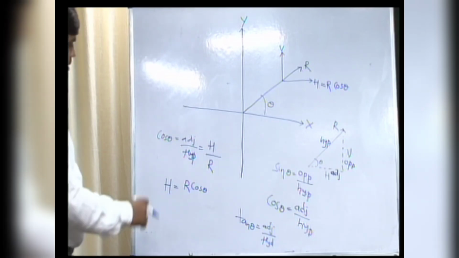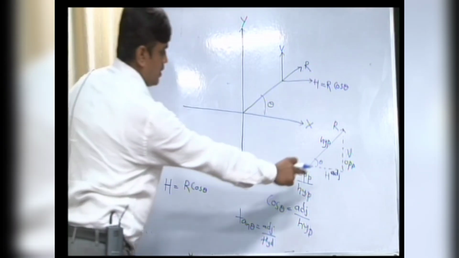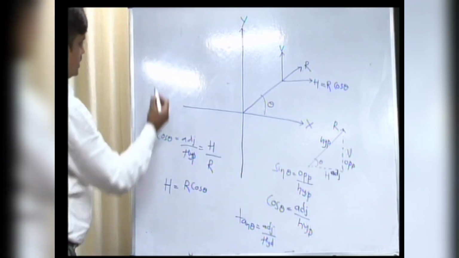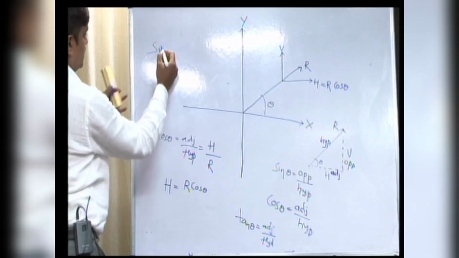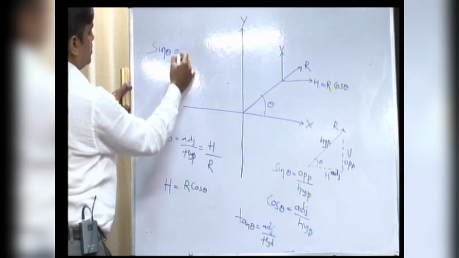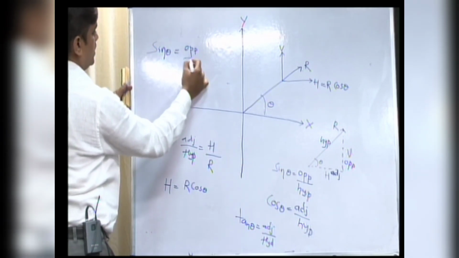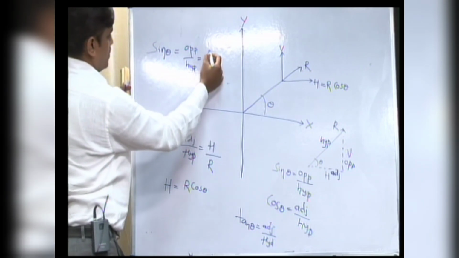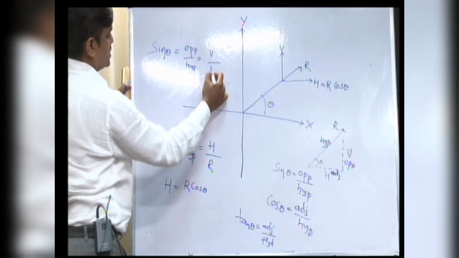Now similarly, we want a vertical component, which is the opposite side. We take sin theta. Sin theta is equal to opposite by hypotenuse, and that is equal to what? Opposite is the vertical component, hypotenuse is r.